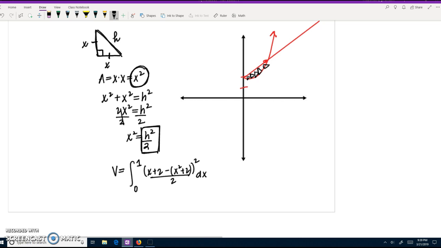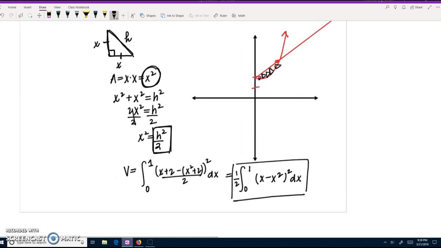Again, if you want to cancel those 2's out, this is going to go from 0 to 1. I can pull a 1/2 out in front if I just wanted to deal with the constant after integrating. And then inside, I would end up with x minus x squared, that quantity squared, integrating with respect to x. And that would be my final result right there.